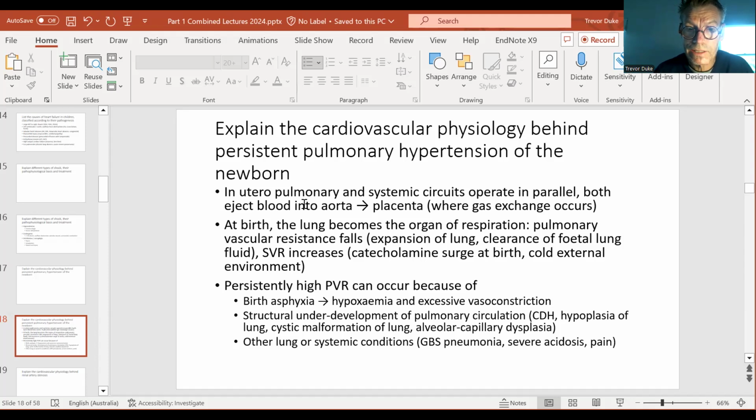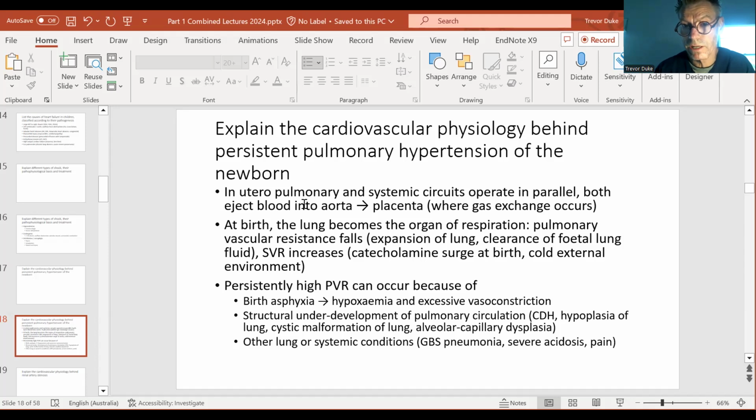There are some other conditions besides perinatal asphyxia that can lead to PPHN, for example, anything that increases pulmonary vascular resistance in the lungs. So if a baby's born with severe group B streptococcal pneumonia, for example, they've got severe consolidation in the lung, that will increase PVR generally and may lead to PPHN.